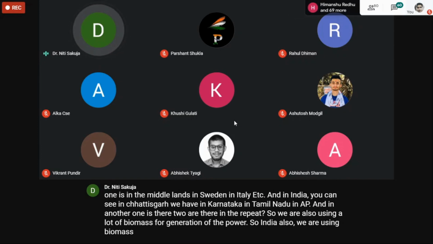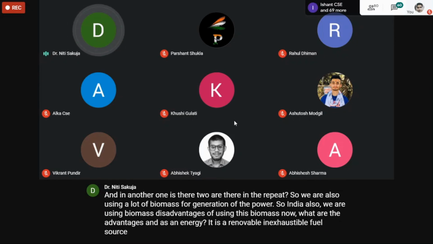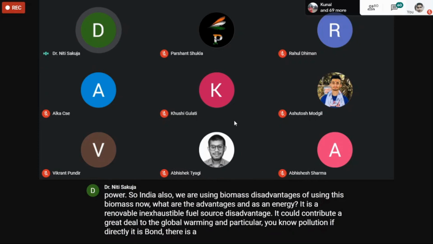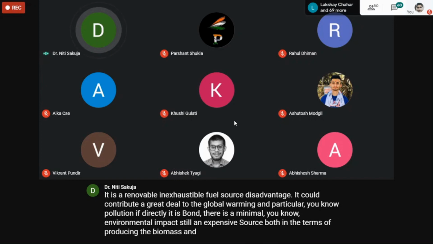Now, what are the advantages and disadvantages of using this biomass as energy? It is a renewable, inexhaustible fuel source. Disadvantage: it could contribute a great deal to global warming and particulate pollution if it is directly burned. There is a minimal environmental impact. Still, it is an expensive source, both in terms of producing the biomass and converting it into alcohols.